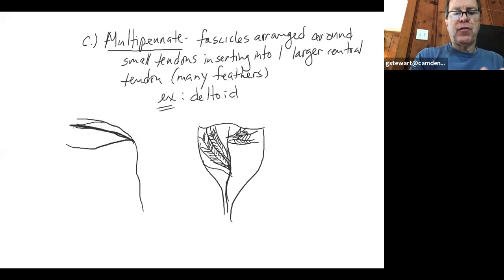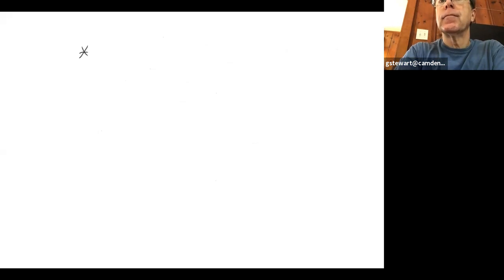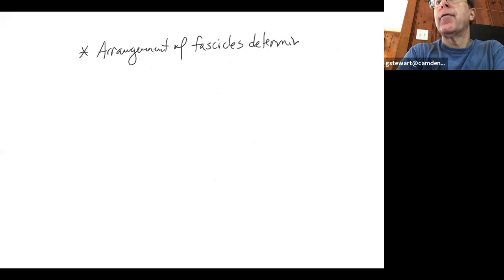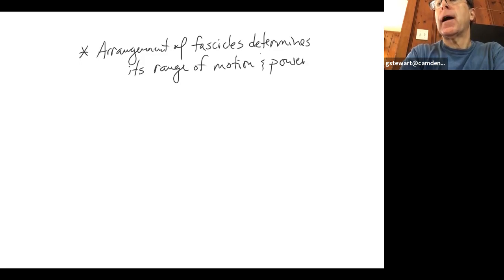The arrangement of the muscle's fascicles determines, this is important, I'm going to write this down, the arrangement of the muscle's fascicles determines its range of motion and the muscle's power. How much force it can produce during contraction.